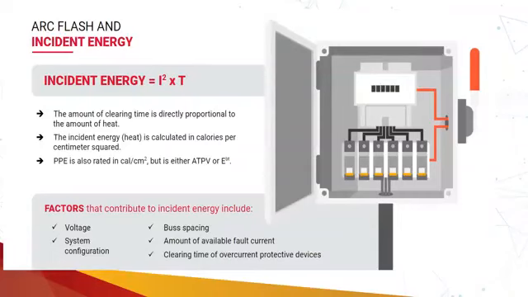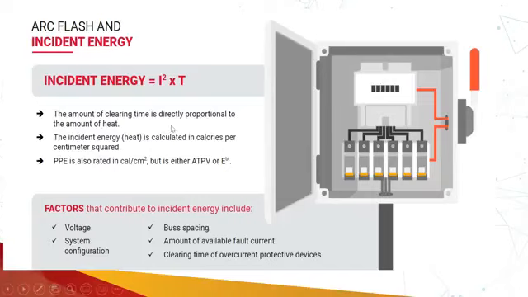it will be difficult for me to change these things: voltage level, system configuration, bus bar spacing, the amount of available short circuit current, because it is already installed, the network is already built. So I am left with very few options.